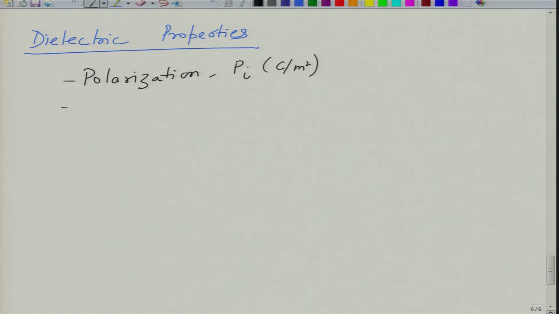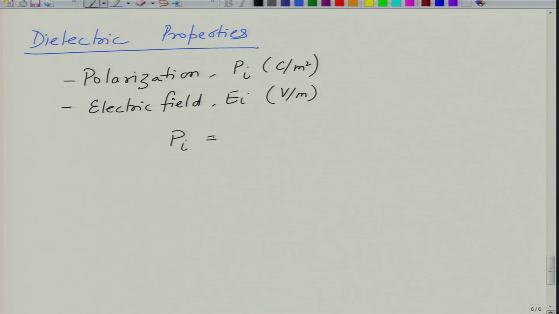When you apply an electric field vector, let us say the electric field is also Ei, it could be Ei, Ej, Ez, whatever. Again this is in volt per meter. When you apply electric field to a dielectric crystal, you generate a polarization, and this is written as Pi is equal to chi ij Ej.